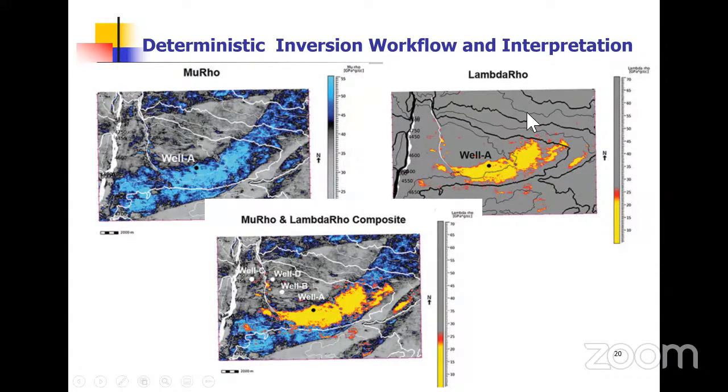If you go over to the lambda rho slide, you don't see that outline anymore. But you just see a patchy yellow outline. This patchy yellow outline is showing that this is a gas saturated sand or a hydrocarbon saturated sand. So if you combine them together in a composite, you can see that you're dealing with a point bar, and you can see the limit of the hydrocarbon charge.